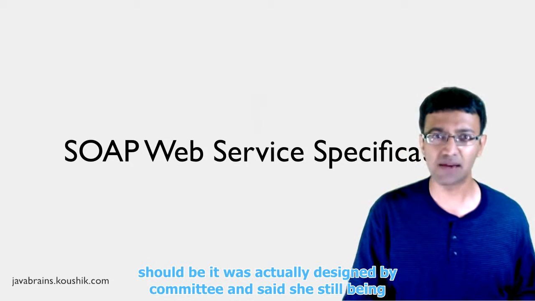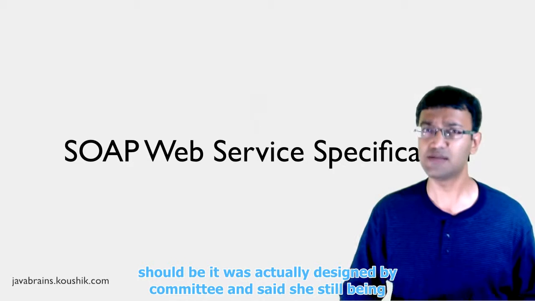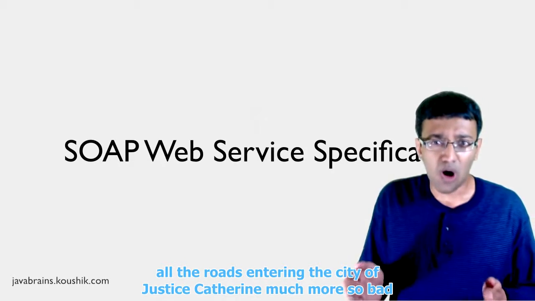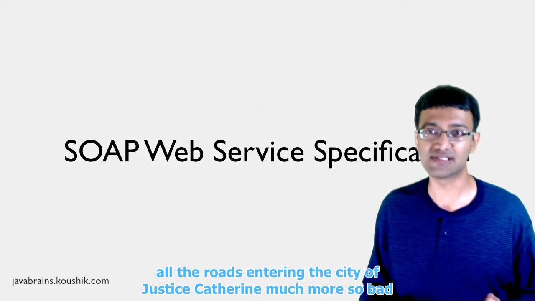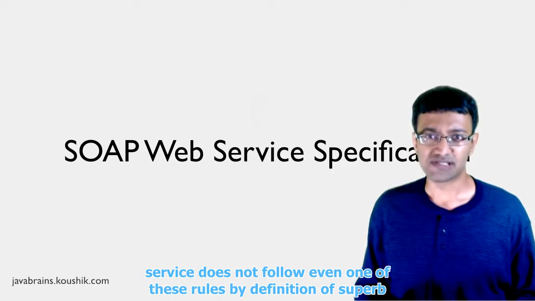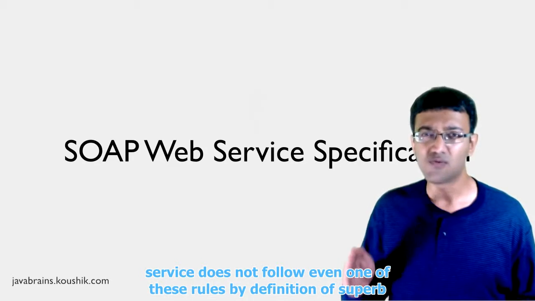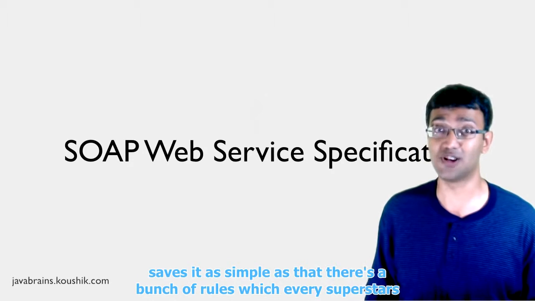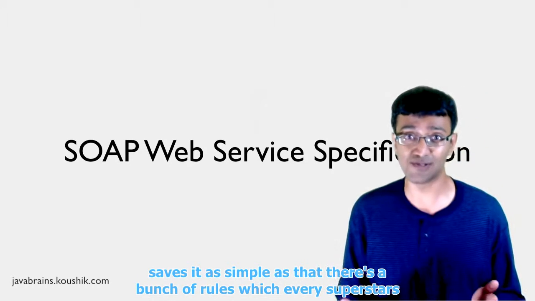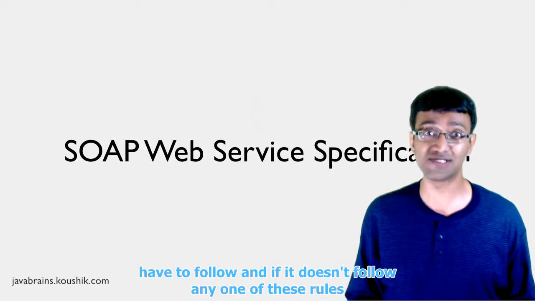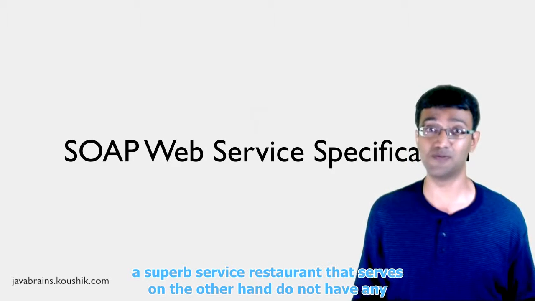It was designed by a committee, and it's still being maintained by a committee. The specification lays out all the rules, including the rules that we've just discussed and much more. If a SOAP web service does not follow even one of these rules, it's by definition not a SOAP web service at all. It's as simple as that.